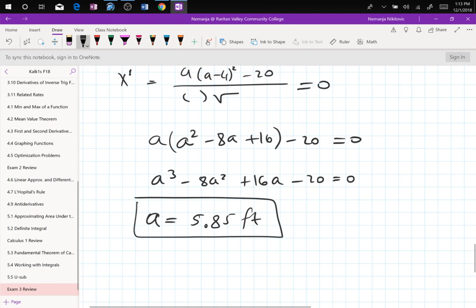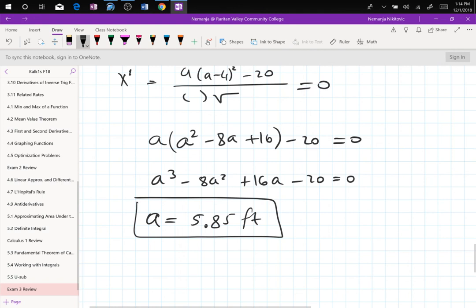If you see that you want to work with two equations, an objective and a constraint, something is getting minimized or maximized, like maximum profit, maximum revenue, minimum cost, minimum surface area for the least amount of material, maximum volume to put the stuff inside, as soon as you see the words minimum and maximum, that's your optimization word problem. If you have the words approximate the change, that's what differentials do.